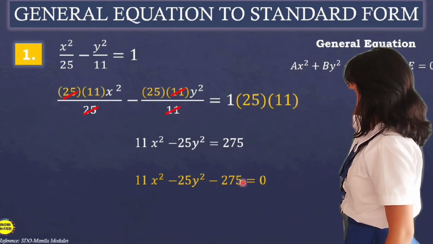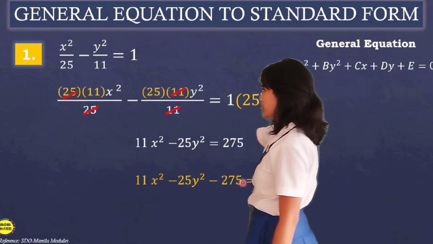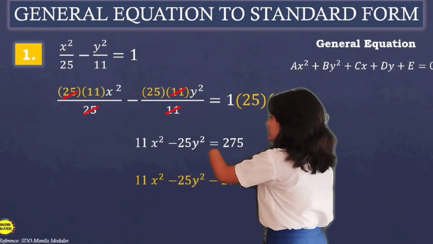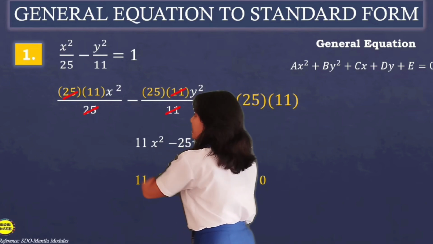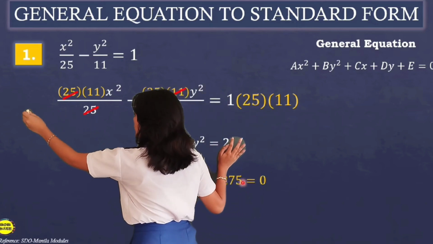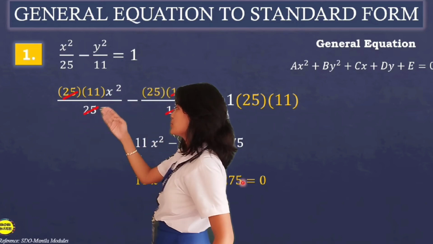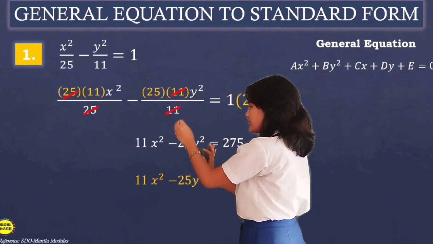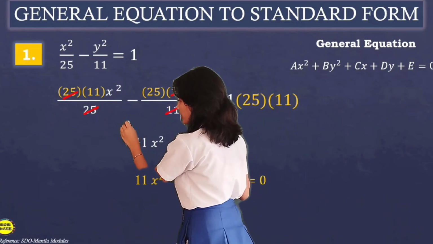The 25 will cancel with the same denominator, numerator and denominator. So the 25 will cancel the 25 and also the 11 will cancel the 11. And here you will type 25 times 11, then times 1, so it will be 275. And what's left here is 11x squared minus 25y squared.